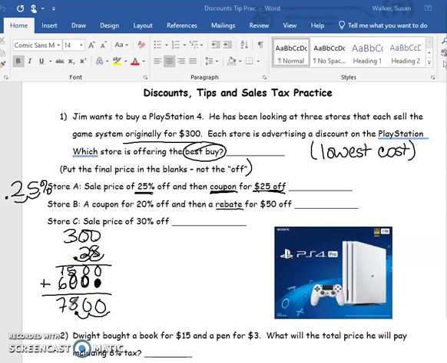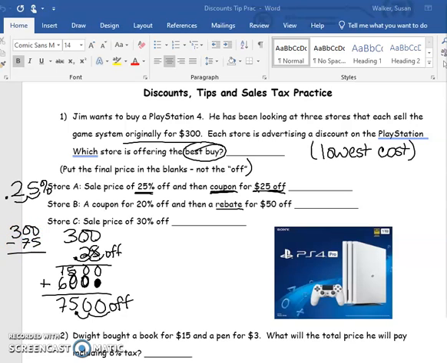Okay? Now, the one thing I need to do every time I multiply is figure out what this means. Well, this is the off. Okay? And I know that because we're looking at the 25%. Therefore, 75 is the off. Okay? So what do we do with off? We subtract it, right? So 300, take away 75.